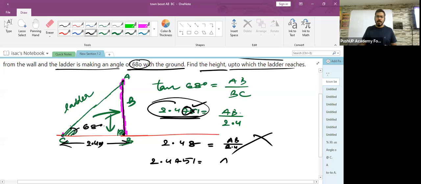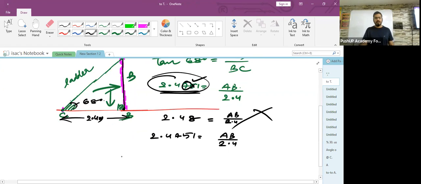So we have to do this. 2.4751 is equal to AB upon 2.4. Now, AB will be equal to how much? 2.4751 into 2.4.